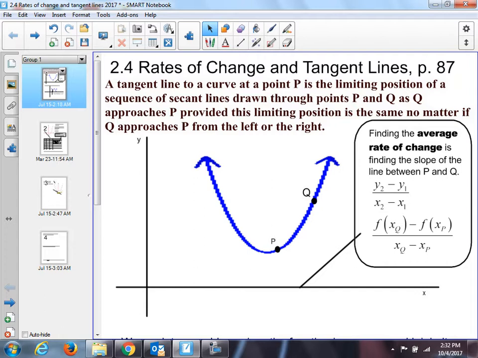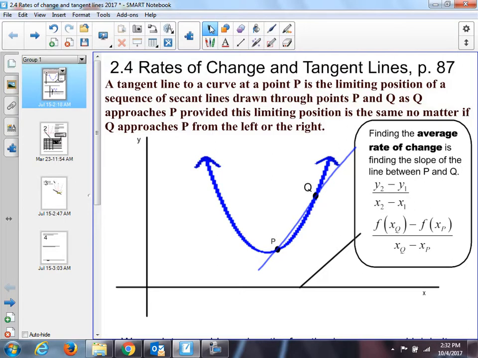So a tangent line to a curve at a point P is really the end result if you take secant lines drawn through points P and Q. Now here's P and Q. If I draw the secant line and take that slope, I could write that down somewhere.